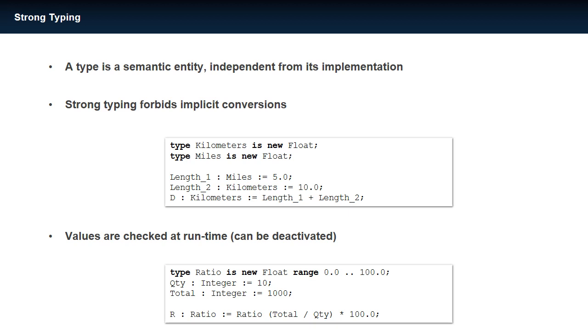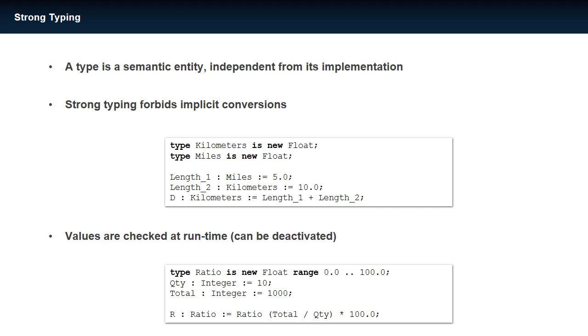We have a type called kilometers, which will be represented as a float, and a type miles, which will also be represented as a float. We know that these types probably shouldn't be combined without proper scaling conversions. Ada helps us out here because the compiler will not let us perform the expression adding a miles type to a kilometers type.